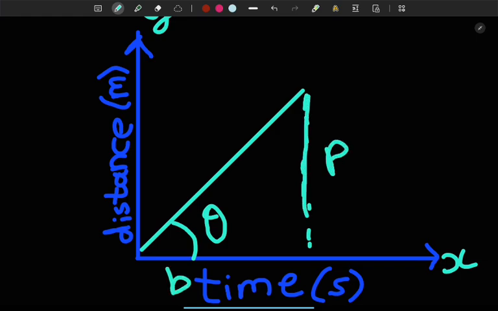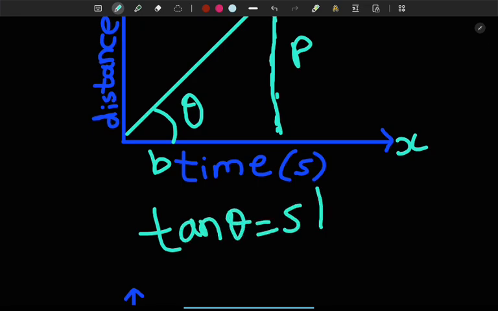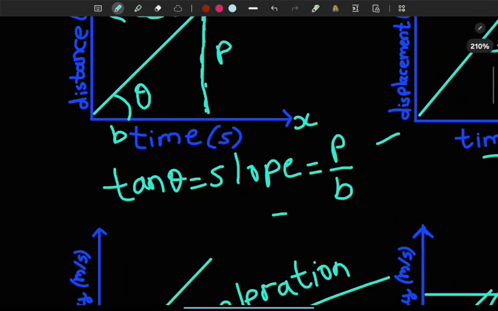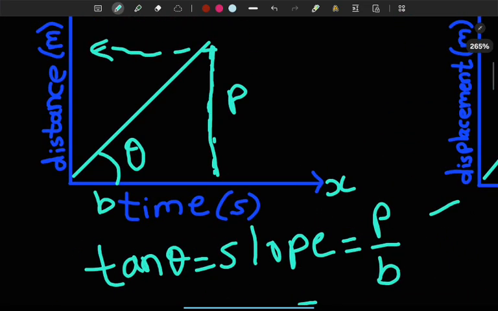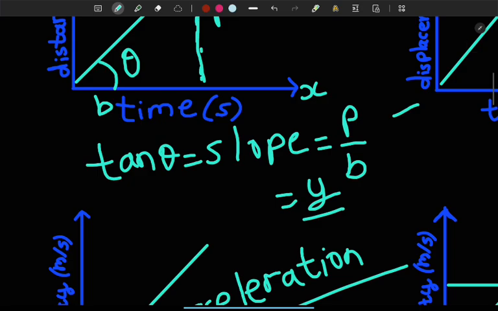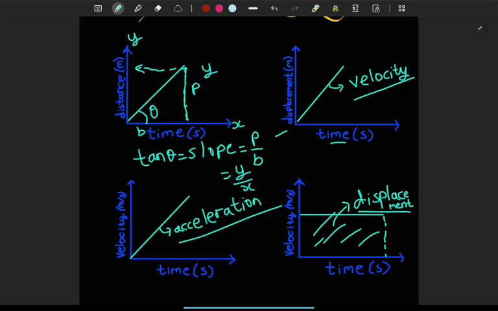So if I extend this to here, it will give me tan theta equals slope equals P by B. Now what is P here? Here P is the y coordinate and B is the x coordinate. The same things occur in all the graphs.